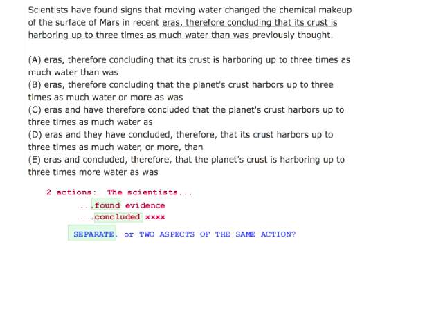You could have a sentence along similar lines in which we really did have two aspects of the same action. And I could make up one of those. Like if I say, scientists have found signs that moving water existed on Mars in the planet's recent history, comma, disproving the idea that Mars has always been dry.